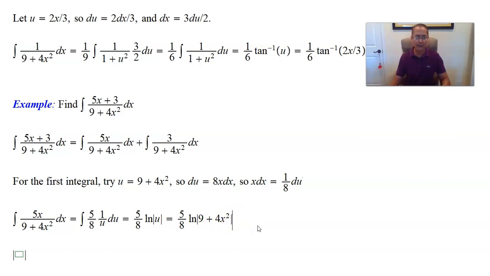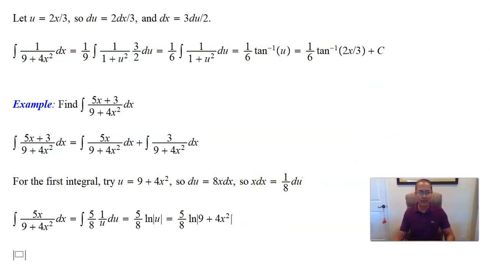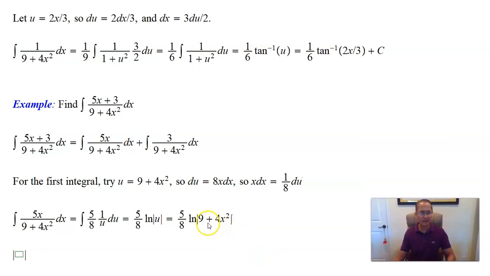But hang on a second. x squared is always positive. You multiply that by 9, that stays positive. Multiply by 4, that stays positive. Add 9, that's positive. So do we really need the absolute values? Nope. We can write this as ln of just 9 plus 4x squared.